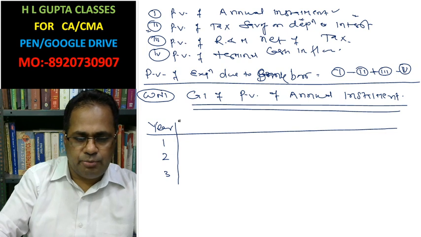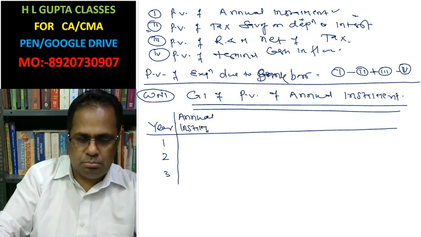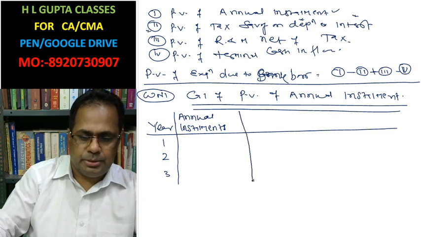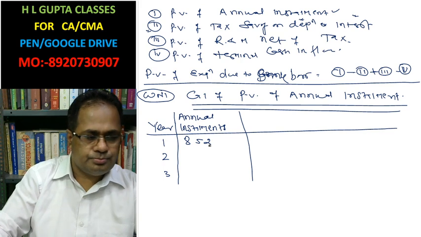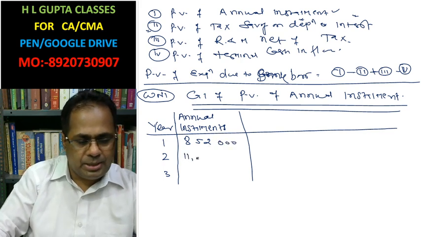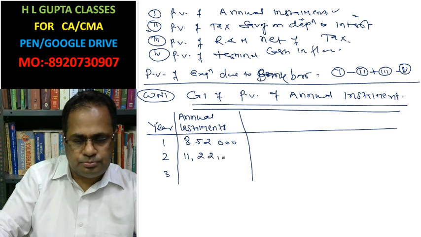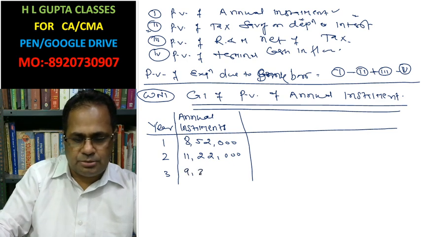This is the annual installment: 8,52,000, 11,22,000, 9,86,000.